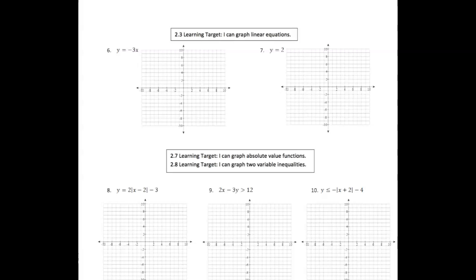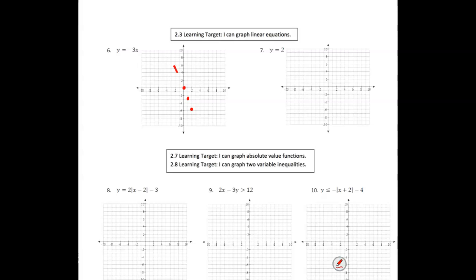All right. Some graphing. If we want to graph y equals negative 3x, what form of equation is that? It's slope-intercept form. What's the y-intercept? 0. So we're going to start at 0, and we're going to do a slope of negative 3. So down 3, right 1.